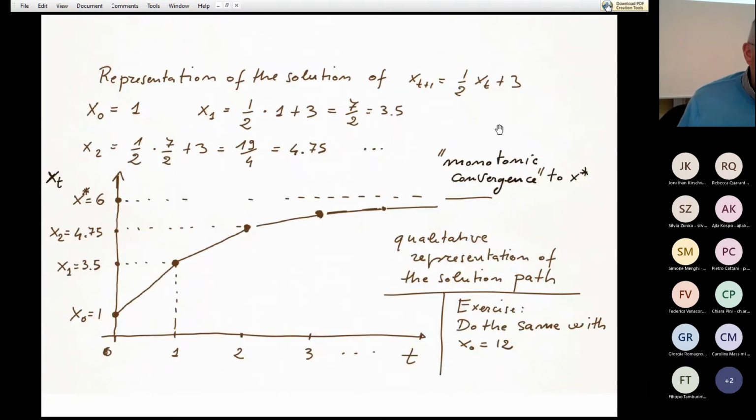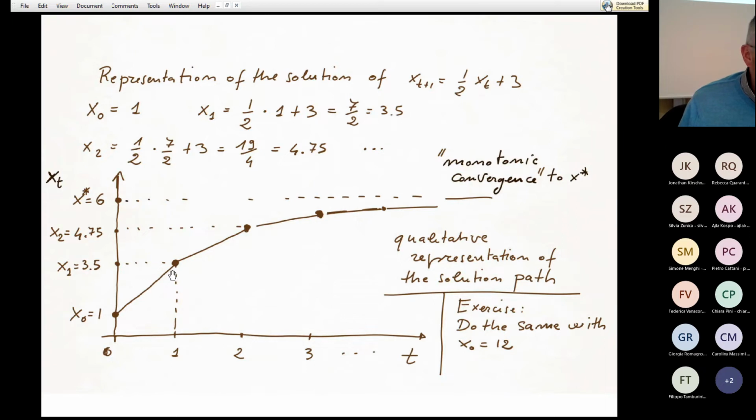But what is important in this extended set of slides is the representation. Okay, so this is the representation of the first equation that we studied. In the first example, I remember, I started from 8, okay? But if you start, for instance, from 1, and you try to represent the solution formula, you see that it converges to the steady state.